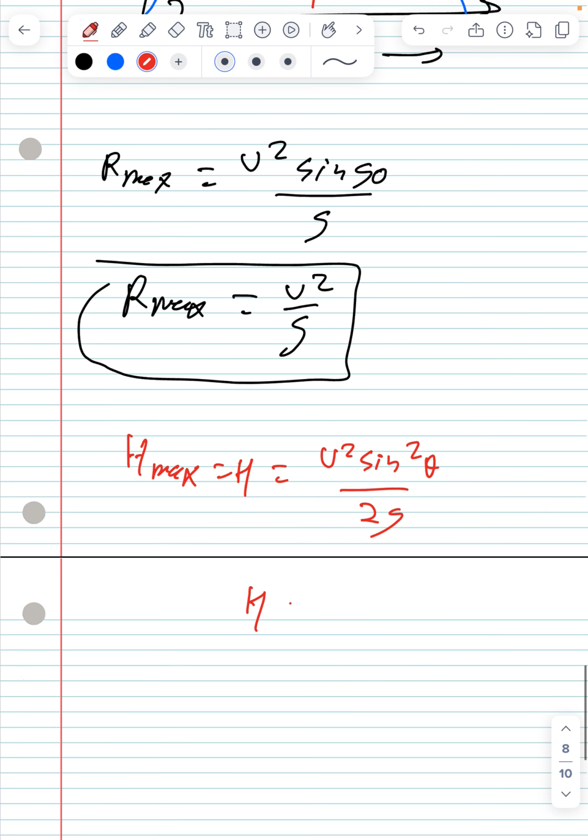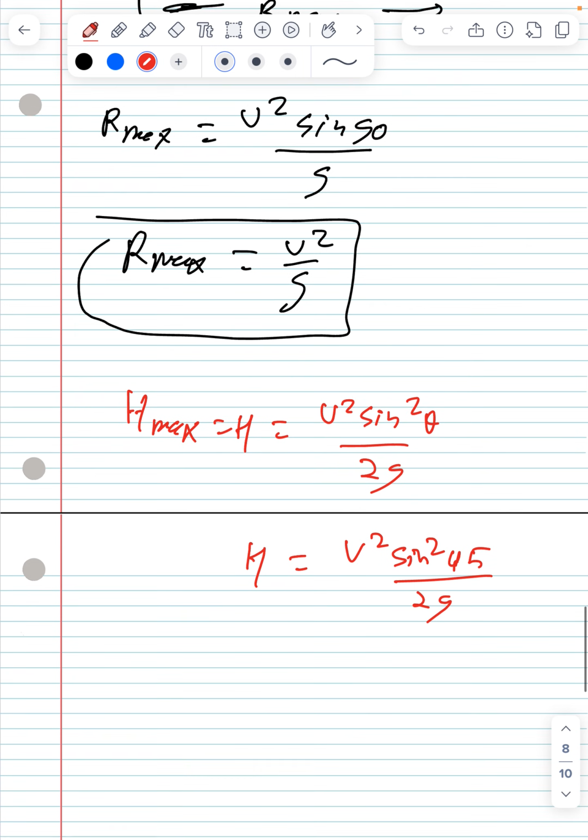This is the value of maximum range, and now the value of maximum height, H max, during projectile motion for the same projectile angle.